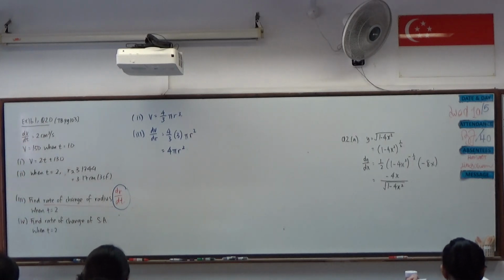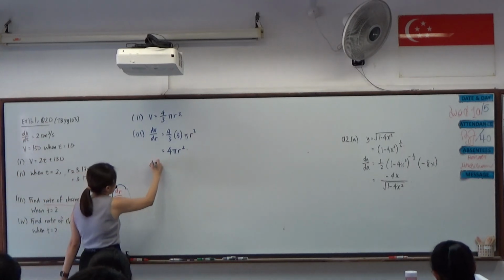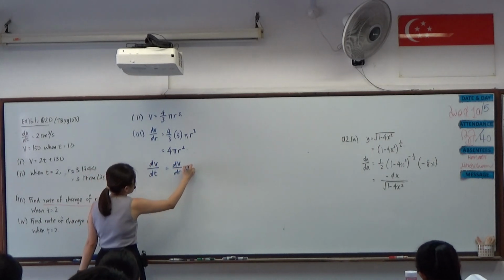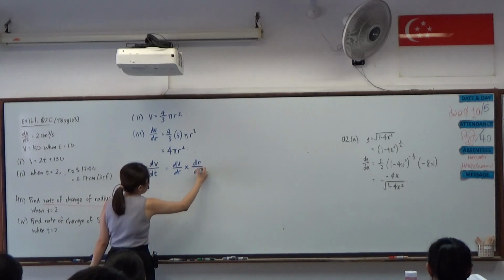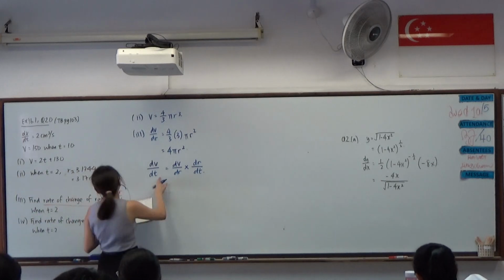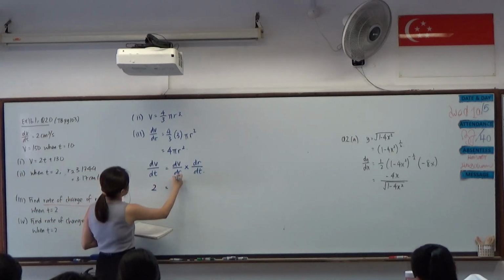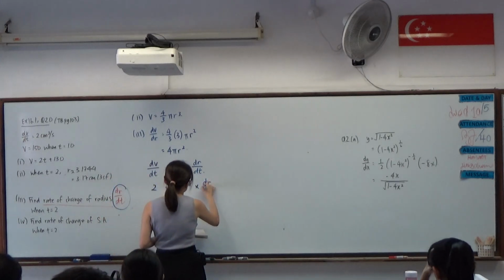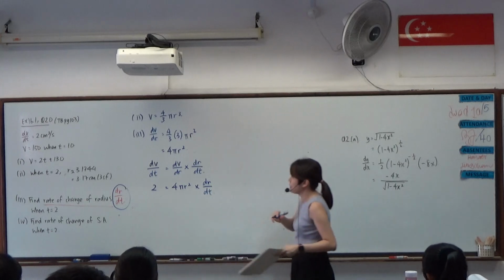I form my connected rate of change equation by knowing that dV over dt equals dV over dr times dr over dt. Then, your dV over dt is 2, dV over dr is 4 pi r squared, multiplying by dr over dt.